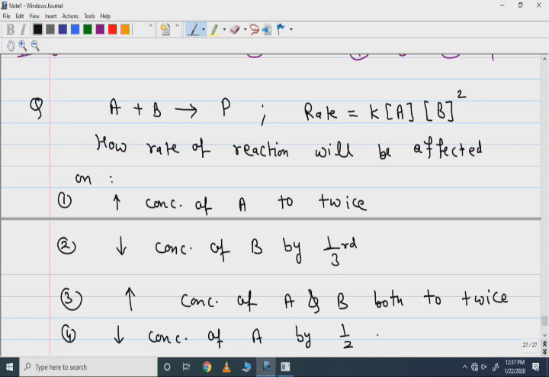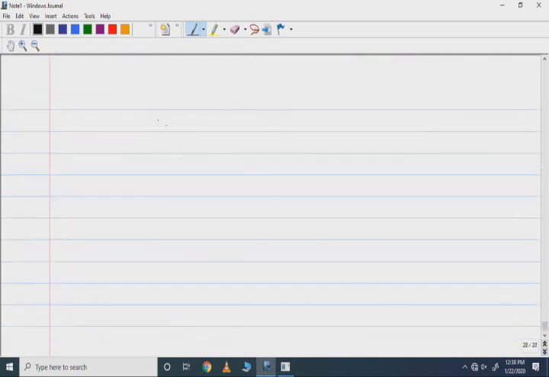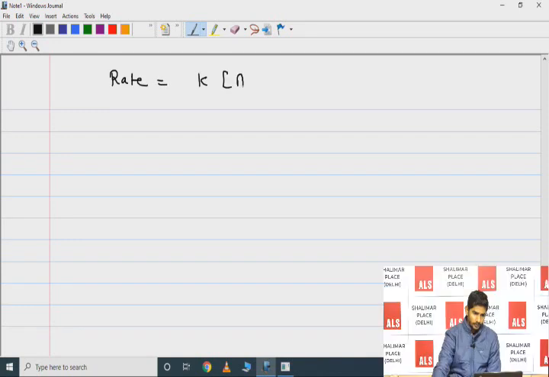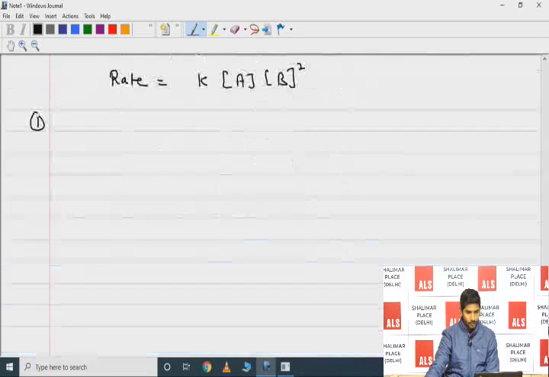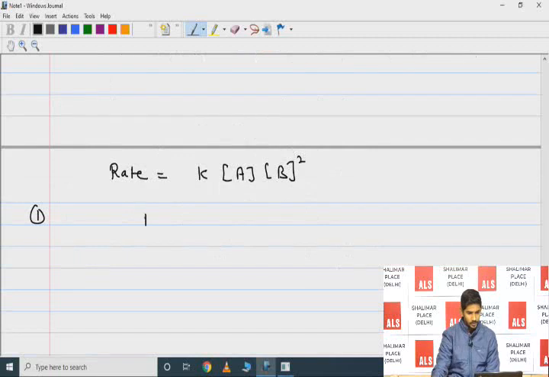Okay, so let's start. Look at this. The rate is K[A][B] power 2. In the first part they are saying the concentration of A is increased to twice, means the new concentration is twice the previous one.